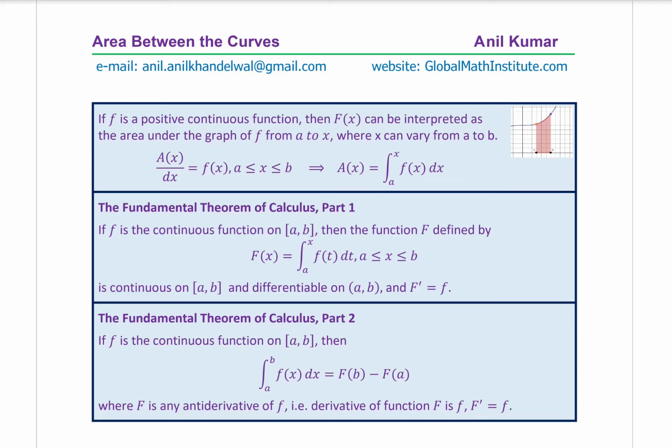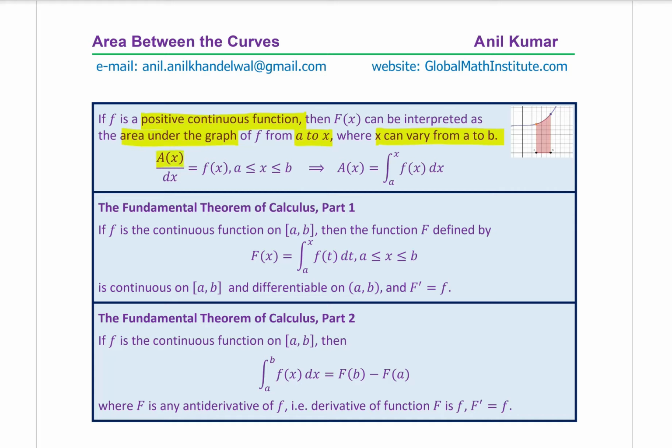Initially, we learned about the antiderivatives, and that was if f is a positive continuous function, then capital F of x can be interpreted as area under the graph of f from a to x, where x can vary between a and b, right?